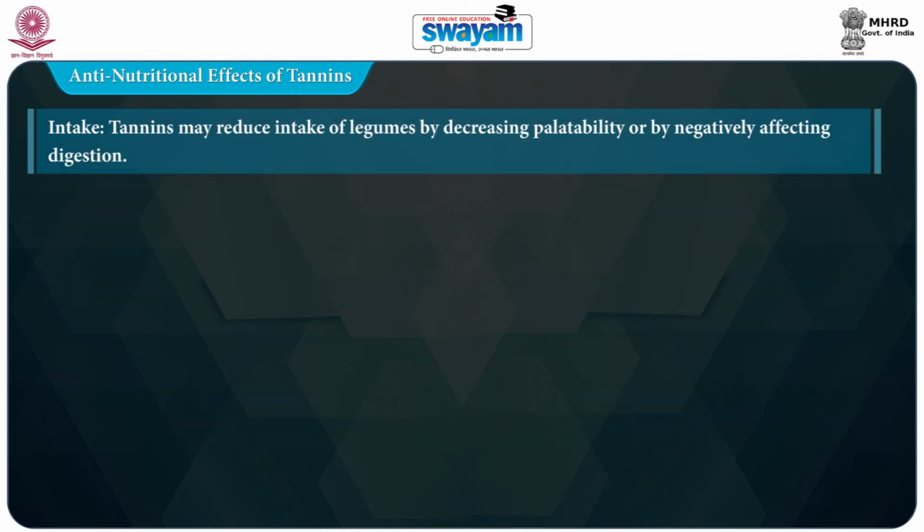As we have seen the beneficial effects of tannins, however, the anti-nutritional effects of tannins have also been reported in many studies. Let us now find out. First, tannins may reduce the intake of legumes by reducing the palatability or negatively affecting the digestion.